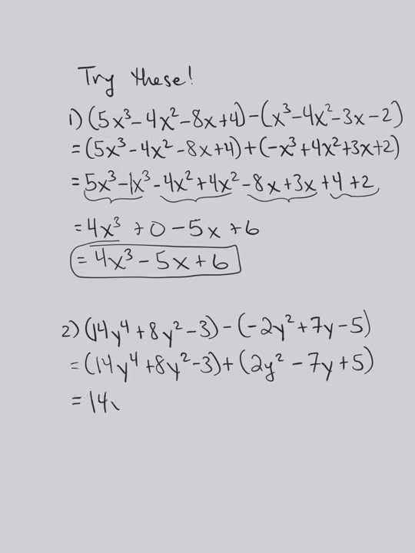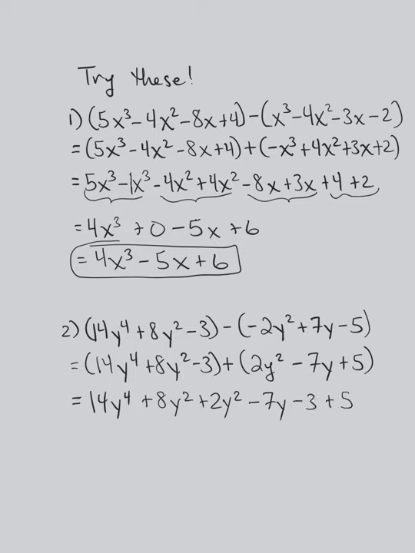So this first one starts with 14y to the 4th power, but there's no other 4th powers. There's no third powers in this also. So then the next set of terms would be plus 8y squared and plus 2y squared. Okay, and then there is just a y to the 1st power, minus 7y, and then I have a minus 3 and a plus 5.